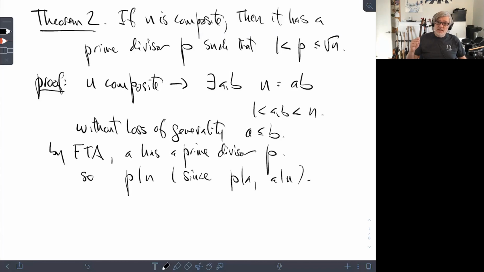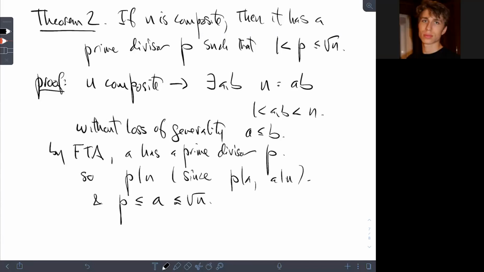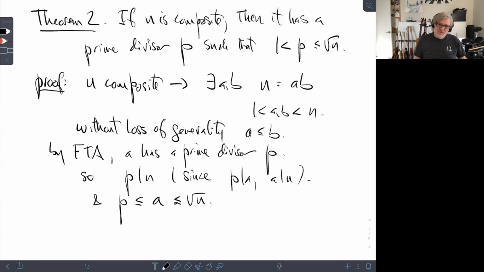And p must be less or equal to root n. Why? Well, p is certainly less or equal to a. And I claim that a must be at most root n. Look, a times b is n.